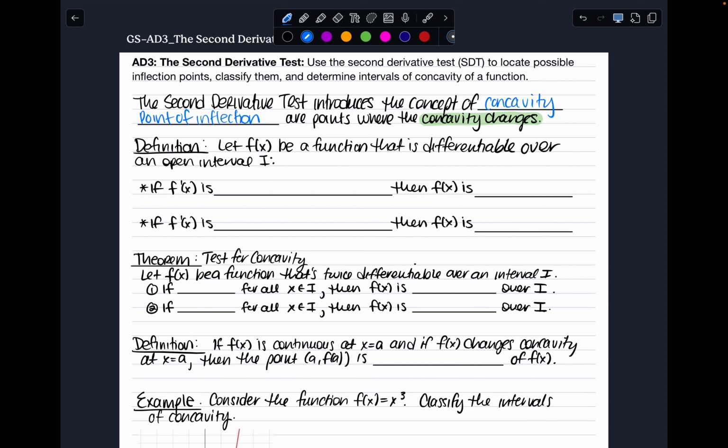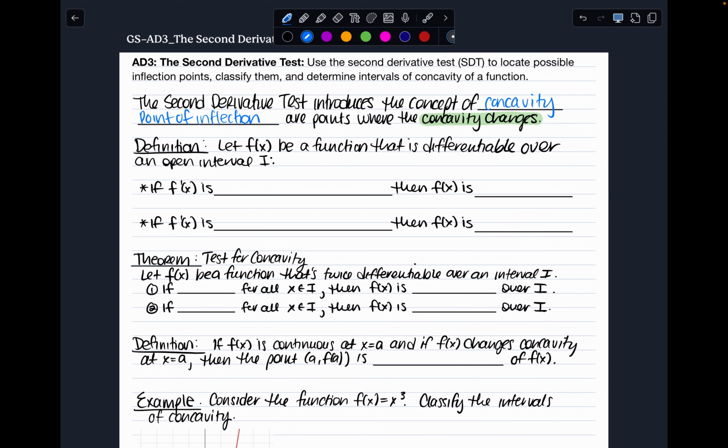To start, I want to get the definitions written. So let's define what it means for something to be concave up based on the first derivative. If we have a function that is differentiable and we want to know its concavity, we're actually going to take the first derivative of the first derivative.